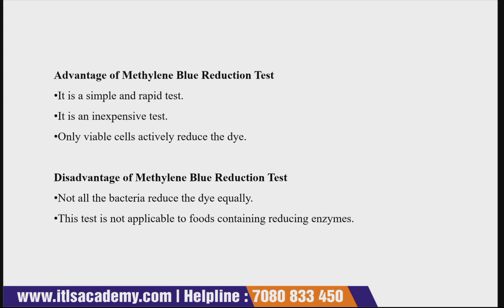Depending upon the type of bacteria, the dye gets reduced. Also, this test is not applicable to food containing reducing enzymes. So these are certain advantages and disadvantages of the MBRT test.